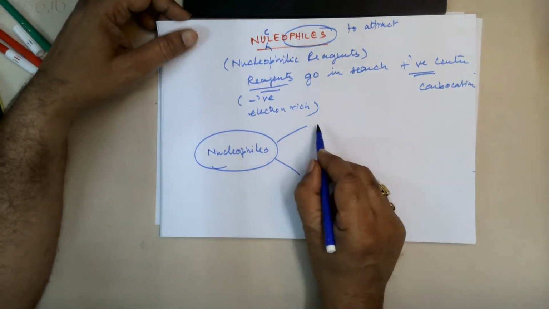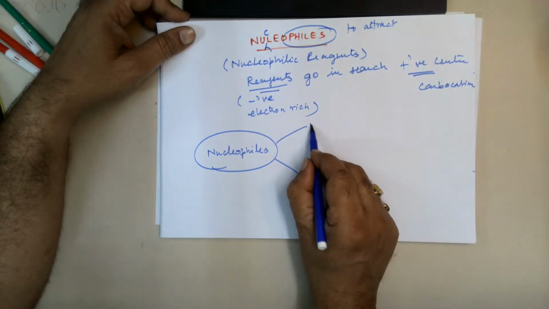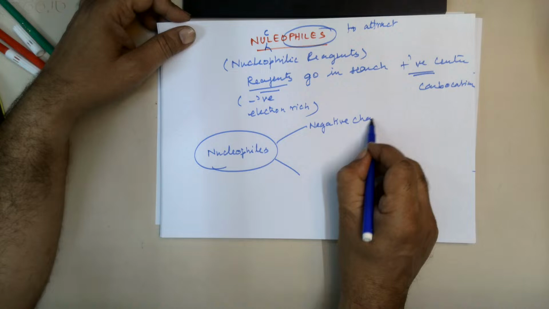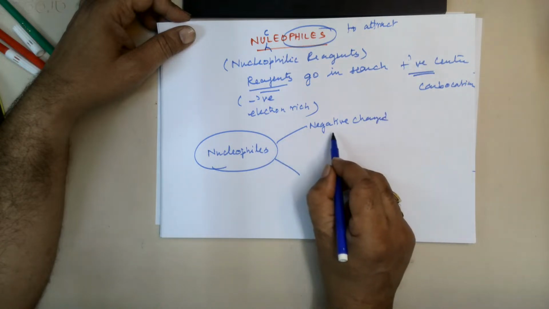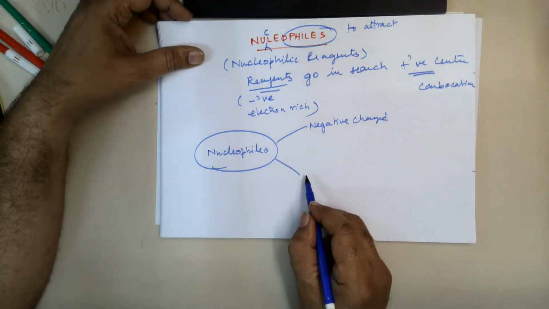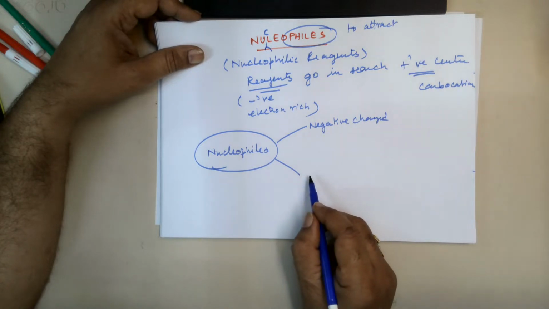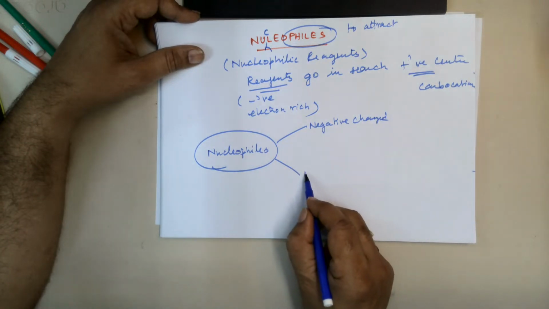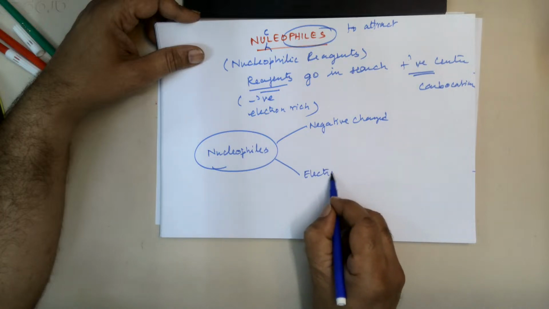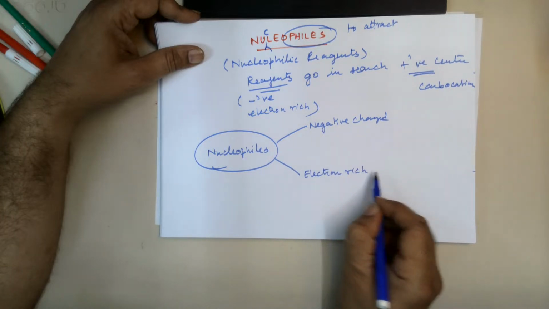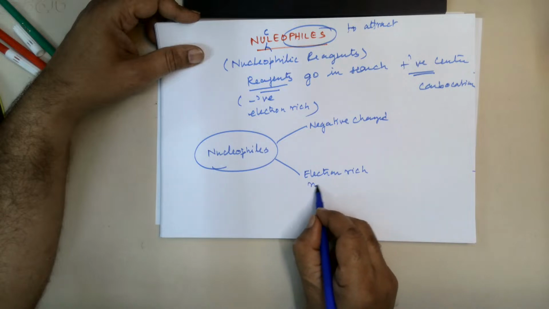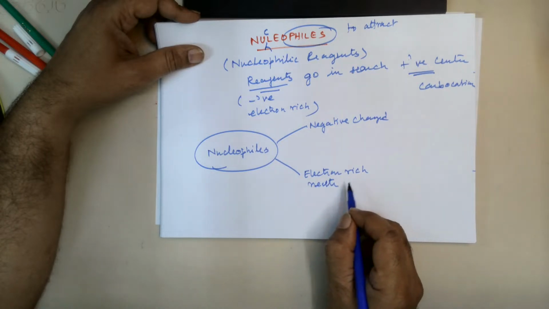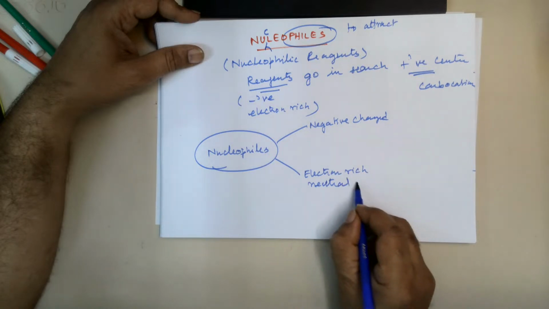One is negatively charged species or nucleophile. Another is neutral molecules, but they are electron rich. It need not be negative, but it can be electron rich. So it can be a neutral molecule.